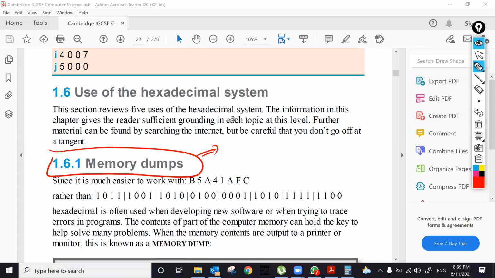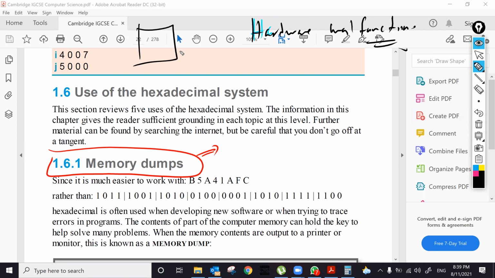In day-to-day life, sometimes when you are using your laptop or desktop, suddenly there are a lot of problems, hardware malfunctions happen, right? Malfunction means hardware won't work properly as we think. Remember, the computer is like a human body, right?